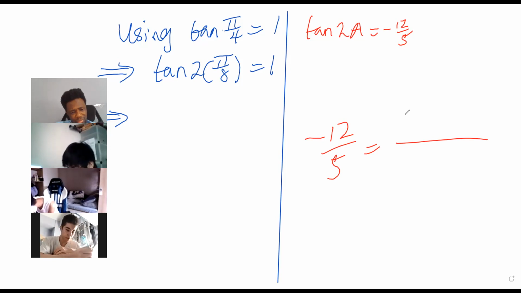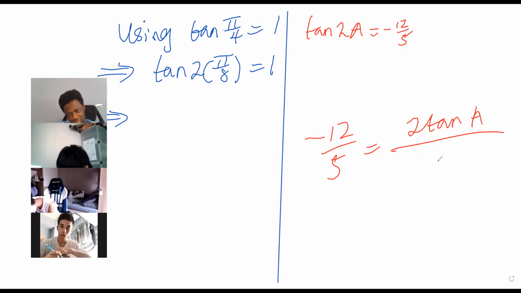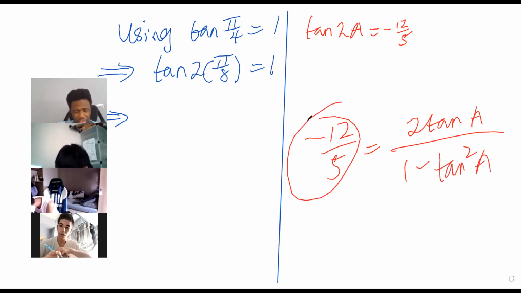I'm still confused. Okay, tell me what you just said about negative 12 over 5 equals something. Negative 12 over 5 equals 2 tan a over 1 minus tan squared a. So the question is, why this? Why is the number on the left-hand side? Because that equals tan 2a.